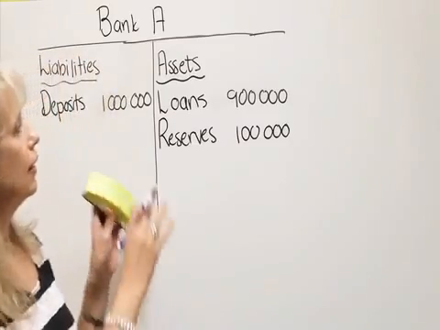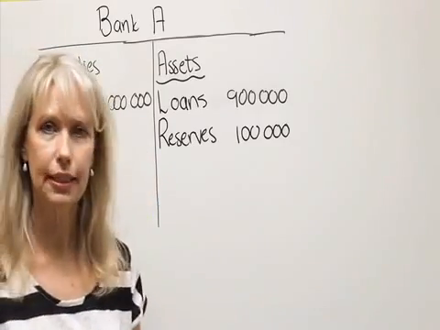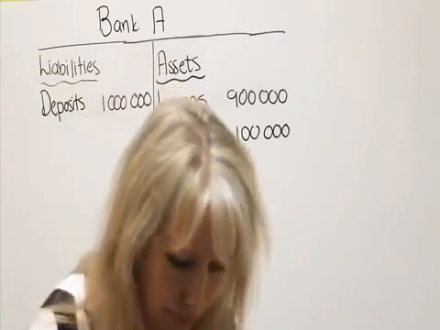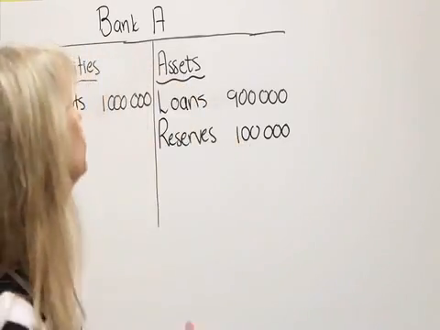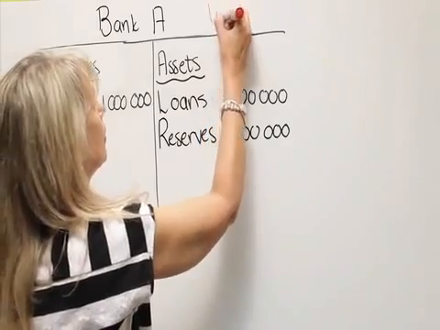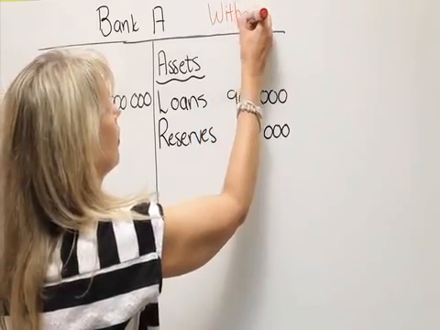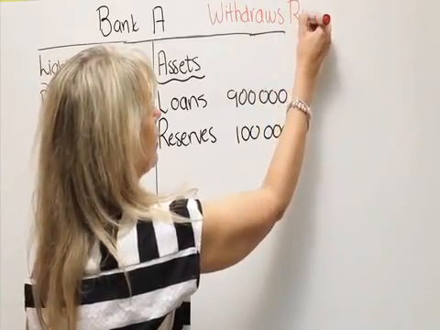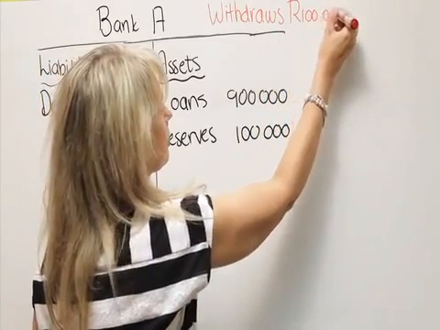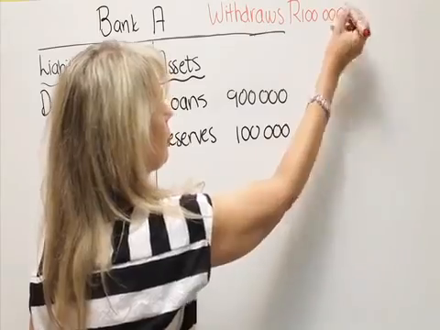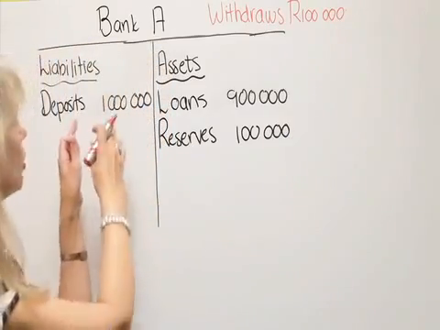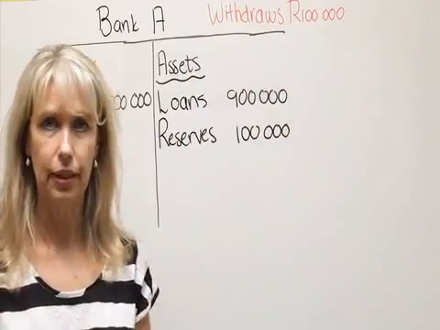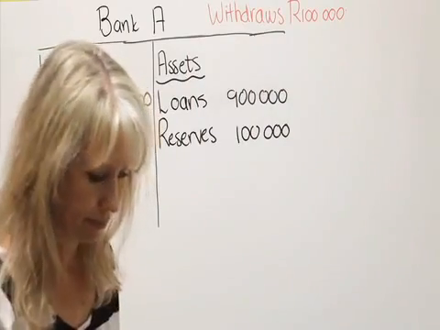Now let's say the bank's balance sheet looks like this, and now a client comes and withdraws 100,000 Rand. So a client that holds a deposit now wants to withdraw 100,000 Rand. What is going to happen?